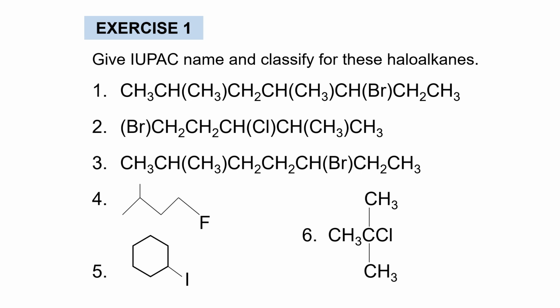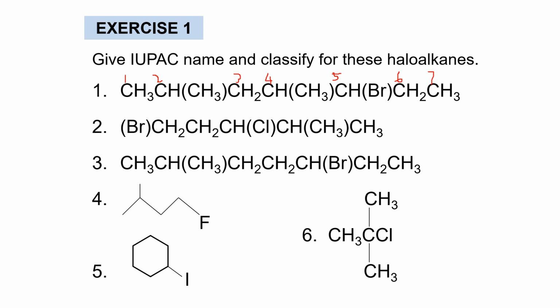For question number 1, first we have to find the longest continuous carbon chain that includes X along the chain. If you begin numbering on the left side, we get heptane as the parent chain.